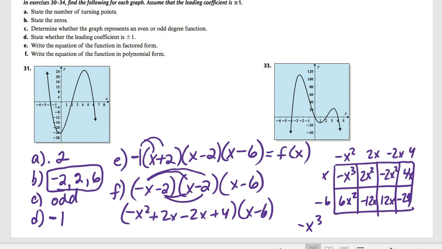So for example, I can see this is going to be a bunch of x squared. So I have 6x squared, a 2x squared, that's 8x squared, minus a 2x squared. Well, those go away, don't they? So I'm left with 6x squared. And then I have a minus 12x and a plus 12x. They're going to go away. Oh, so that leaves me a plus 4x. And then a minus 24. So I'm just multiplying that out, and that will be my polynomial form of this curve.